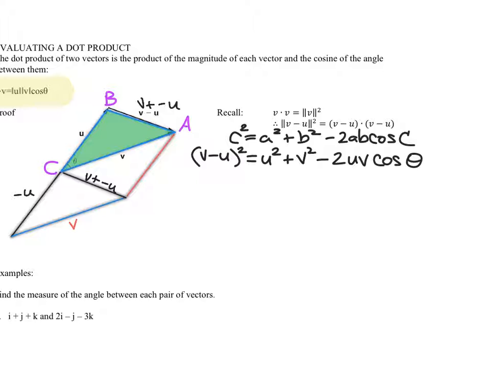So I'm going to make a slight adjustment here and write this as the magnitude of V minus U squared is equal to the magnitude of U squared. So magnitudes across the board.